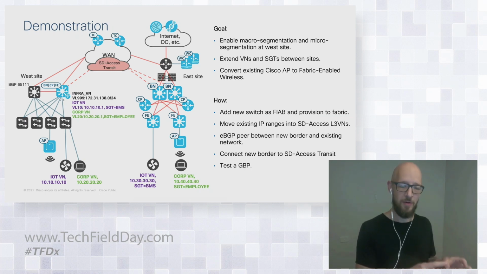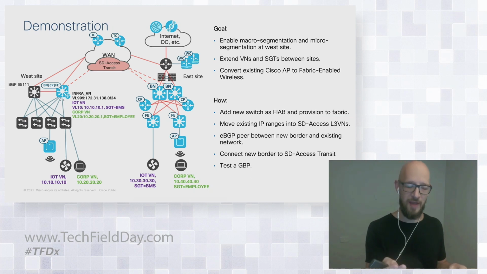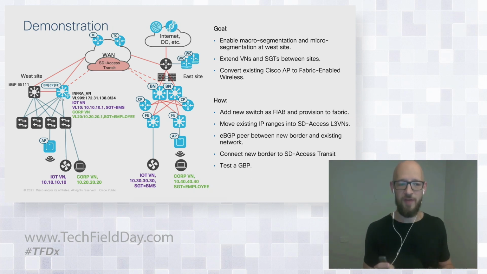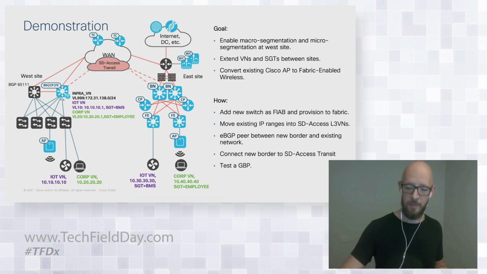The AP will be moved into VLAN 999, which is where the wireless LAN controller will exist inside of that switch. So by virtue of that, the AP joins the fabric WLC and becomes fabric capable. Making sense? Okay. If there's no questions, we'll jump into the demo.